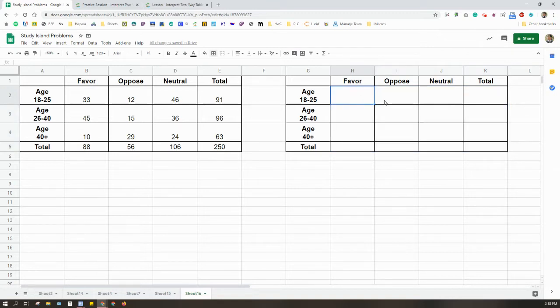We want to put percentages in each of these boxes. So how do we do that? Well, the first thing is we have to decide if it's a row relative frequency table that we want or a column relative frequency table that we want. We want a row relative frequency table in this case because what we care about is whether or not people favor or oppose the road expansion.